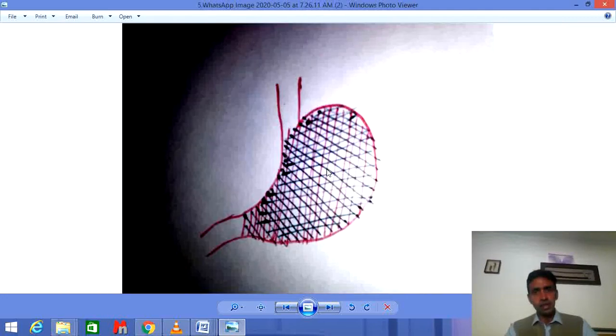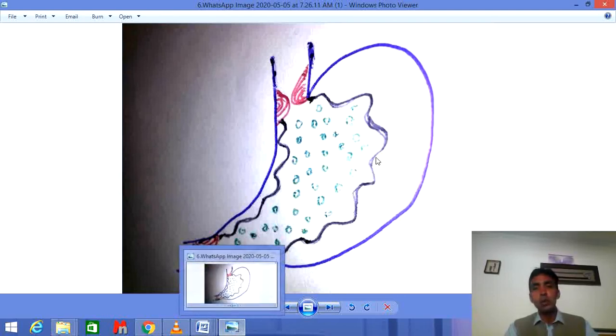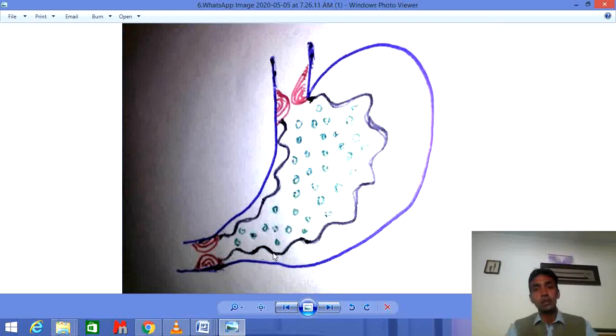Now, coming to the next diagram. You can see this is the stomach, this is the cardiac sphincter, this is the pyloric sphincter, and this is the inner surface of the stomach. The inner surface is somewhat wrinkled, and this is called rugae.